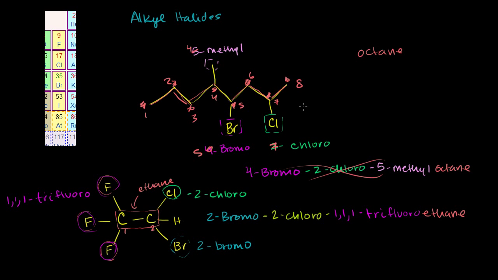It will now be going in alphabetical order. It would be 5-bromo, 7-chloro, 4-methyl, and then we have oct, but it's an alkene, so it's oct.